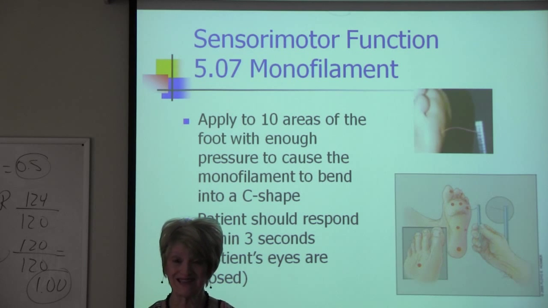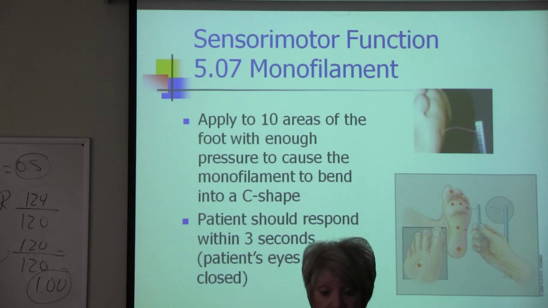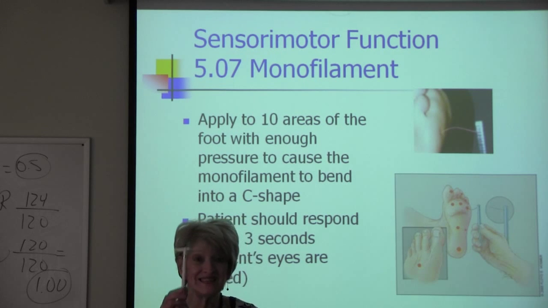5.07 is also known as a 10-gram monofilament. There's another monofilament known as the 6.10. This is a 100-gram monofilament. It's 10 times as stiff as the 5.07. It takes a lot of force to make it turn into a C, and it's borderline painful.